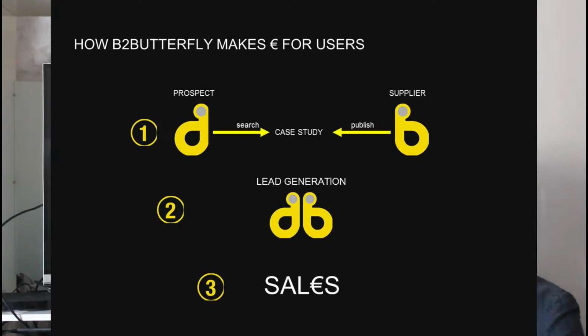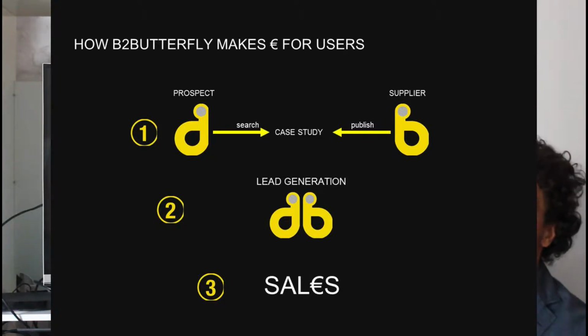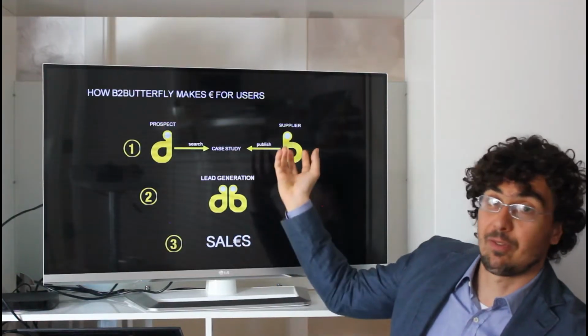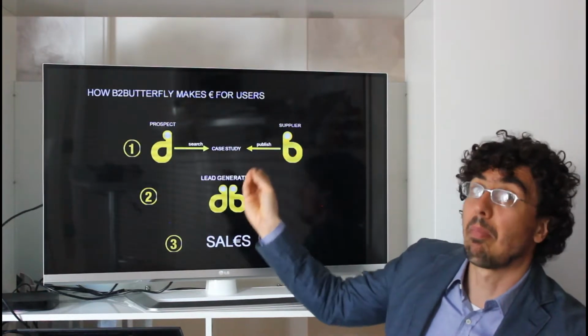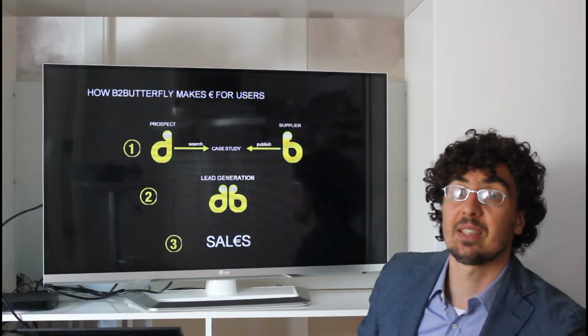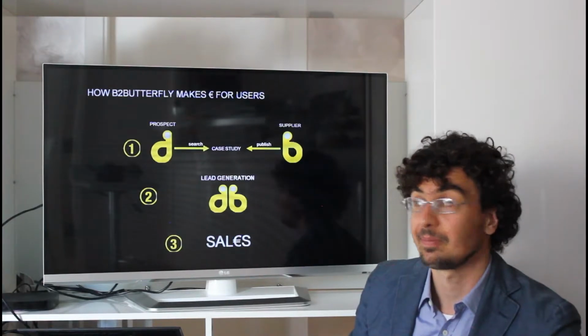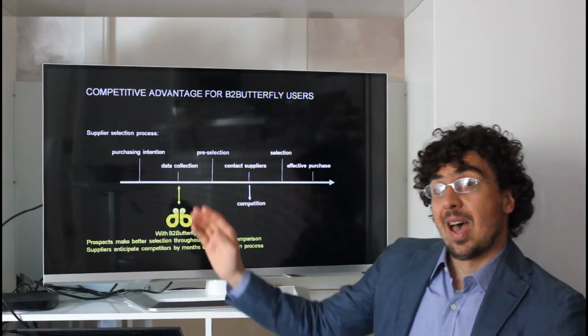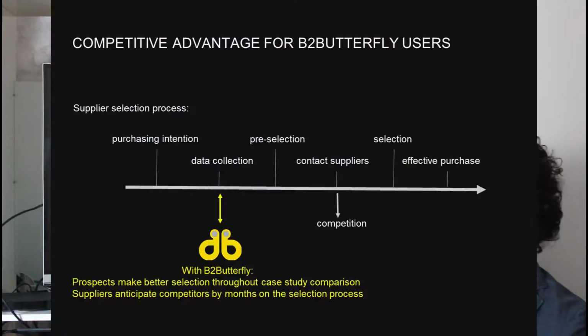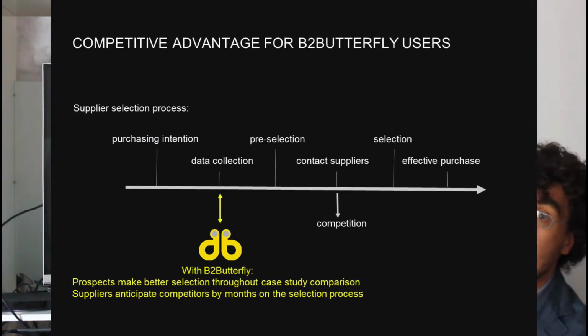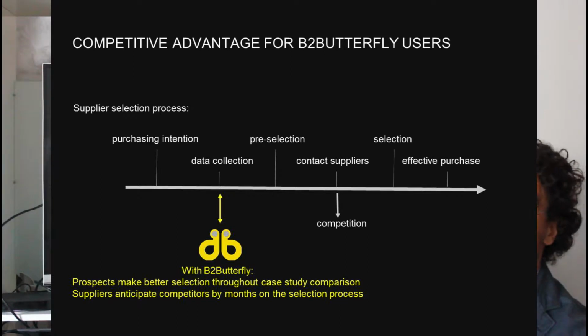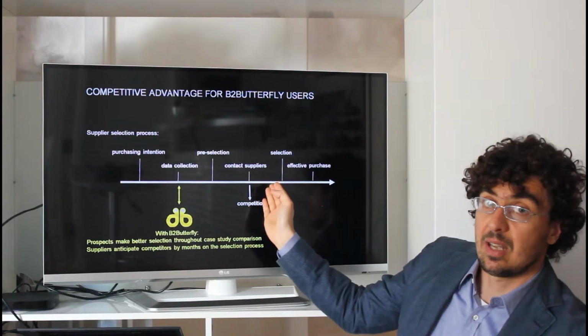Prospects and suppliers meet together, which is important especially for the supplier that makes money, but also for the prospect to find the right solution. This was normally done through a long selection path, where suppliers arrived very late on the selection because they were called by potential clients very late.